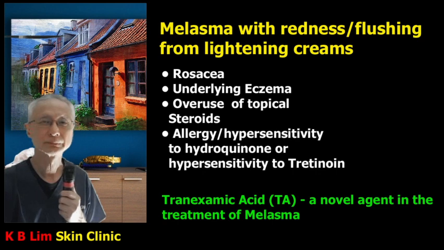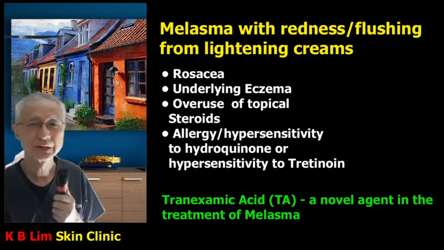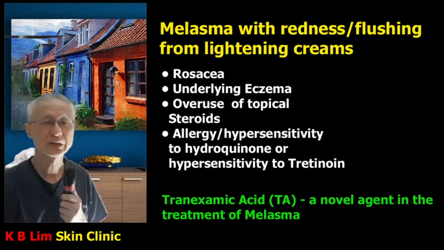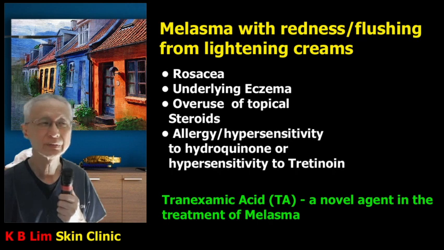The other reason patients with melasma have redness is because some patients with melasma have got telangiectasia, and it is believed that telangiectasia may actually drive the melasma as well.